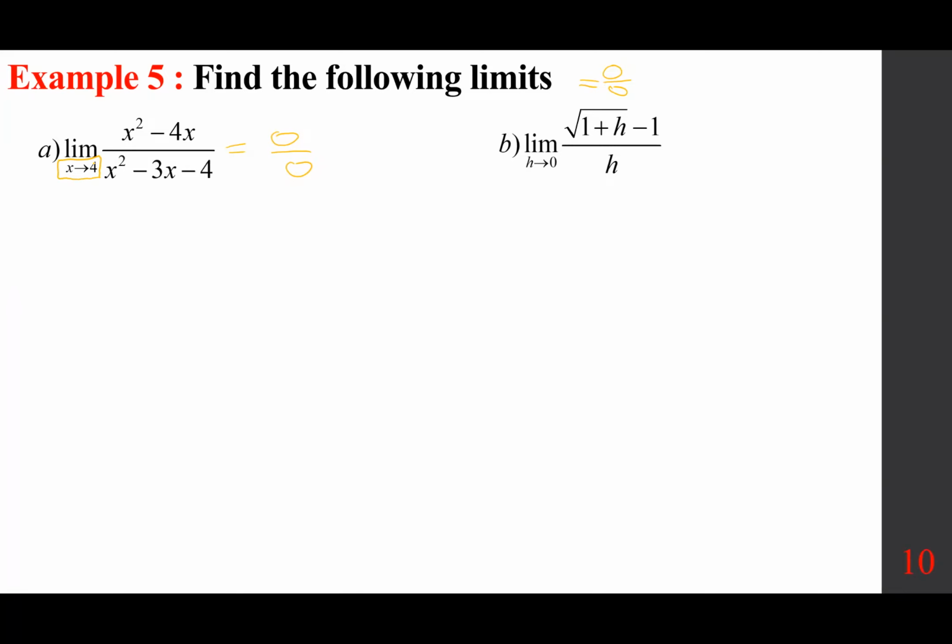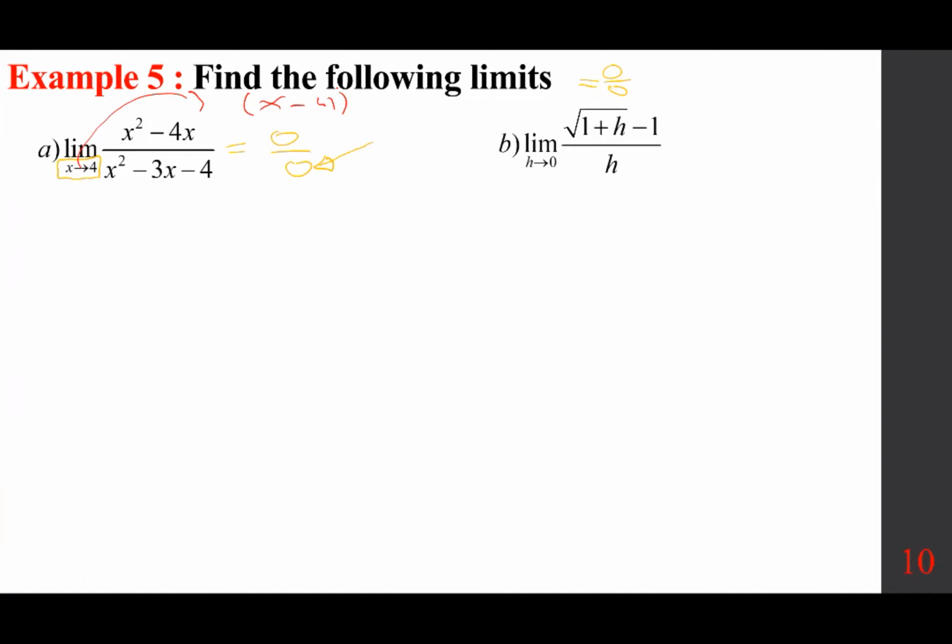Because the denominator becomes 0, and x is approaching 4, then most likely we should have a factor of x minus 4 in the denominator.